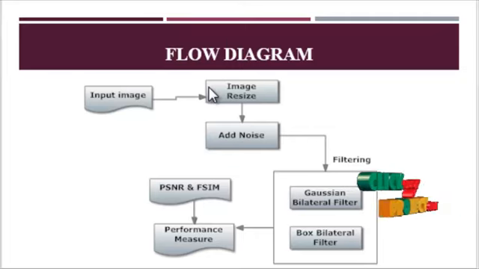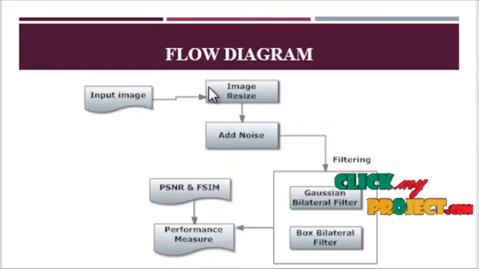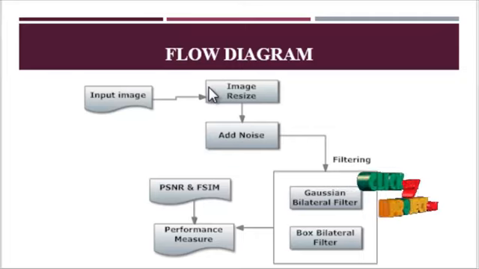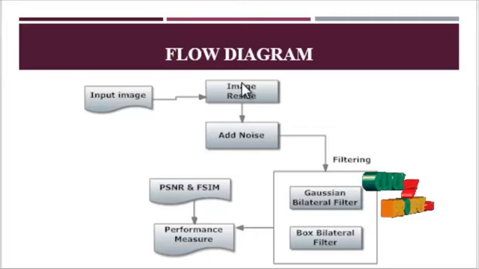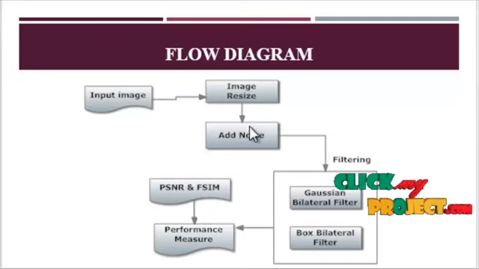First, we capture the input image from the source file by using the uigetfile and imread functions. You can change the size of the image by providing the pixel height and width with the help of the imresize function. Then add noise.